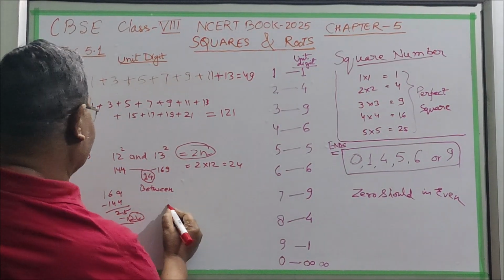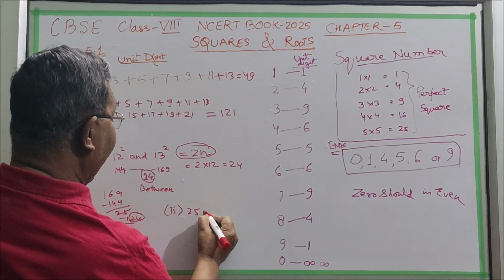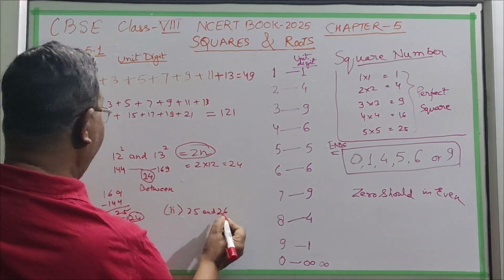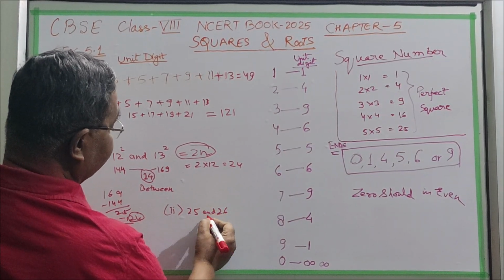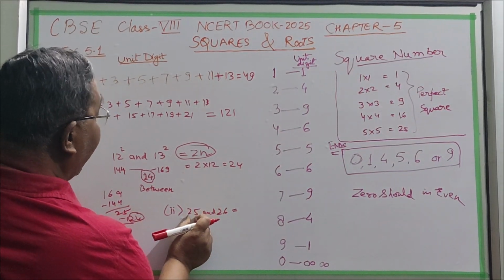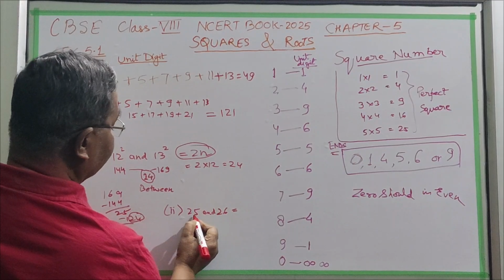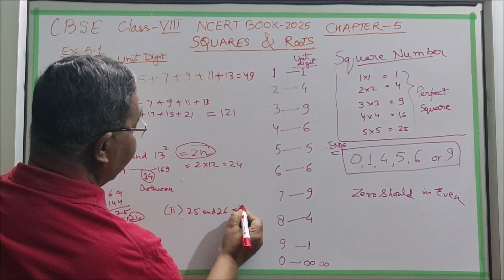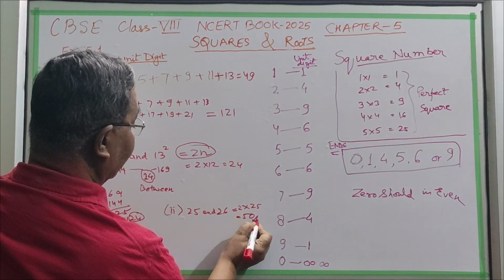Another question: 25 and 26, how many numbers will be in between? If we take 25 squared and 26 squared, the count in between will always equal 2n, meaning 2 into 25, which is 50 numbers. This will be your answer.